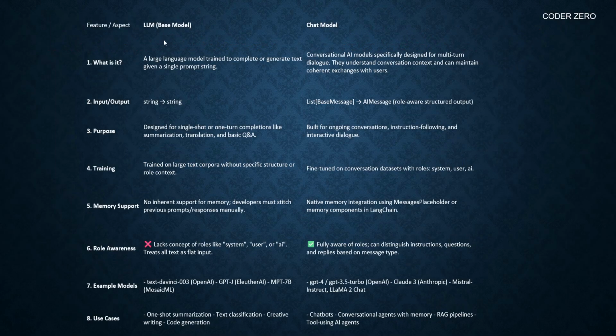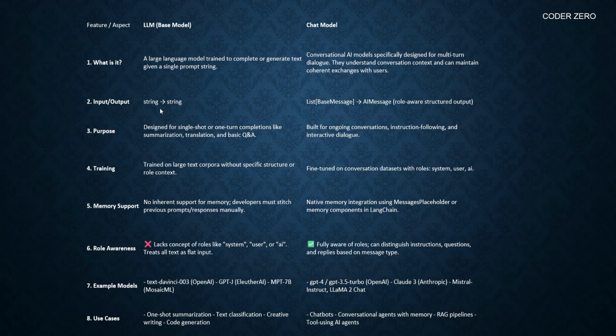Now, the differences between base model LLM or text completion model and chat model are as follows. A large language model is trained to complete or generate text given a single prompt. A chat model is a conversational AI model specifically designed for multi-turn dialogue. They understand conversation context and can maintain coherent exchange with the user.